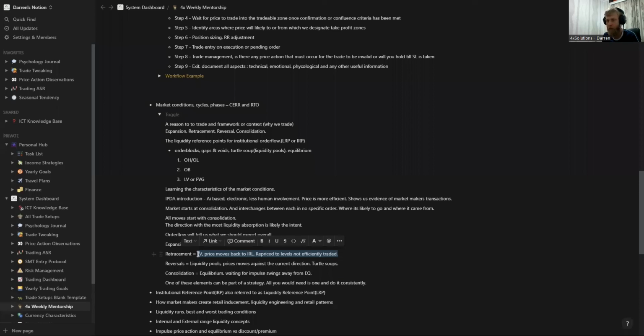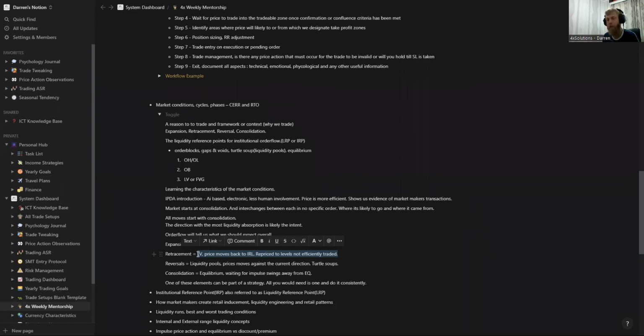It's not like small little gaps, it's a large closing candle, not generally with a wick either. It's generally a candle that expands much higher, closes higher, and that is a liquidity void, whereas a fair value gap would be just an imbalance of where price has not traded to efficiently.